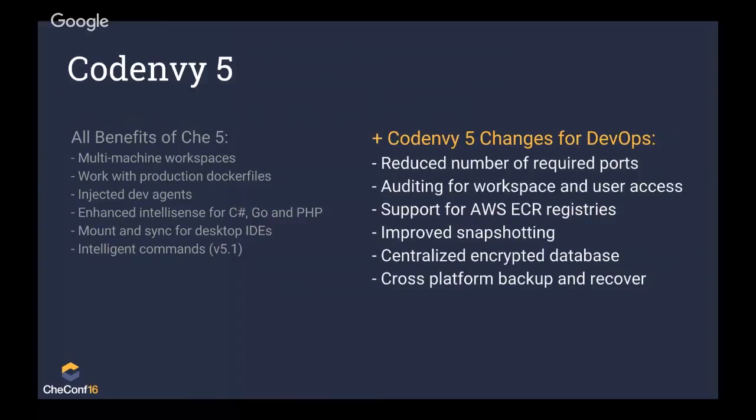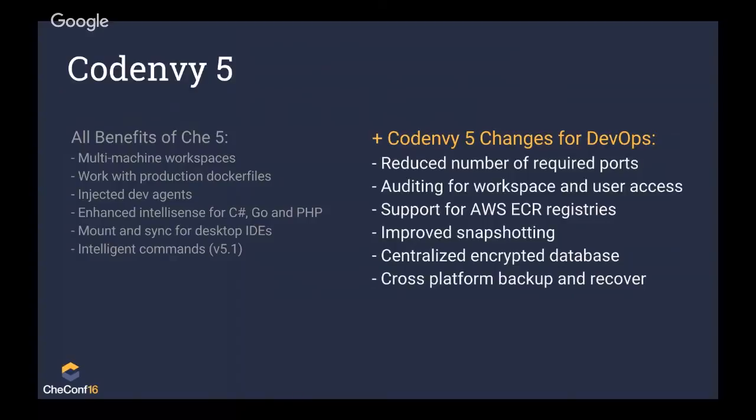And then there's a bunch of changes as well for the DevOps guys. I mentioned that it's not just developers that love this once it gets into an organization, it is those ops teams. So for the ops perspective, some big news is we've reduced the number of ports that need to be opened. And that's always a thumbs up from the security teams. We've added auditing for workspaces and user access. I'm going to show that next, actually. Support for AWS ECR registries.